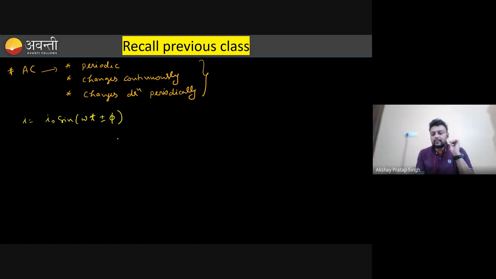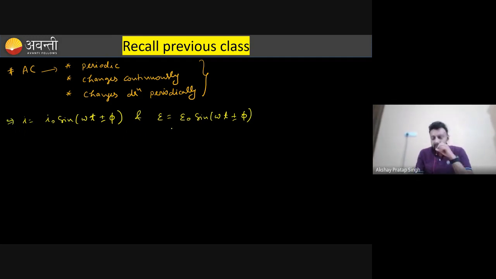Same can be written for EMF: E = E naught sine(omega t plus minus phi). These can also be written in terms of cosine, like I naught cos(omega t plus minus phi). So there is no problem with that.